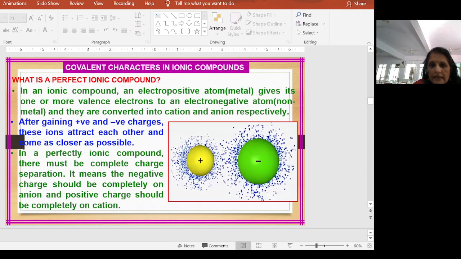And these charges attract each other. They bring the atoms as close as possible. In a perfectly ionic compound, there will be complete charge separation of positive and negative. So that we will call a perfect ionic compound. But practically speaking, is that completely possible? Because both the atoms are bonded, that actually induces covalent character in the ionic compound.